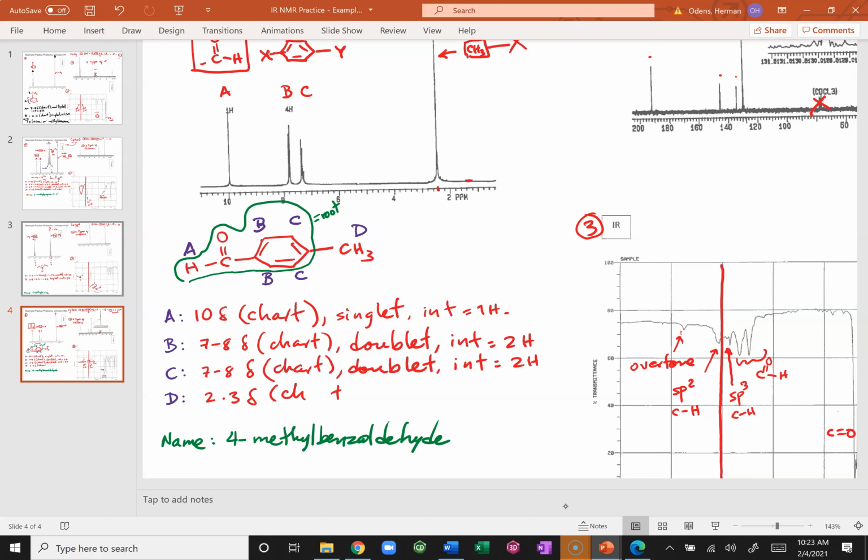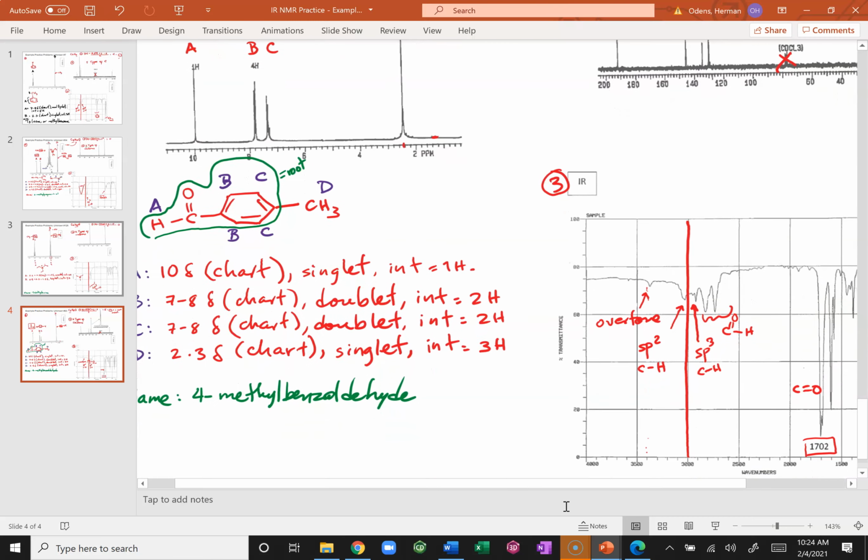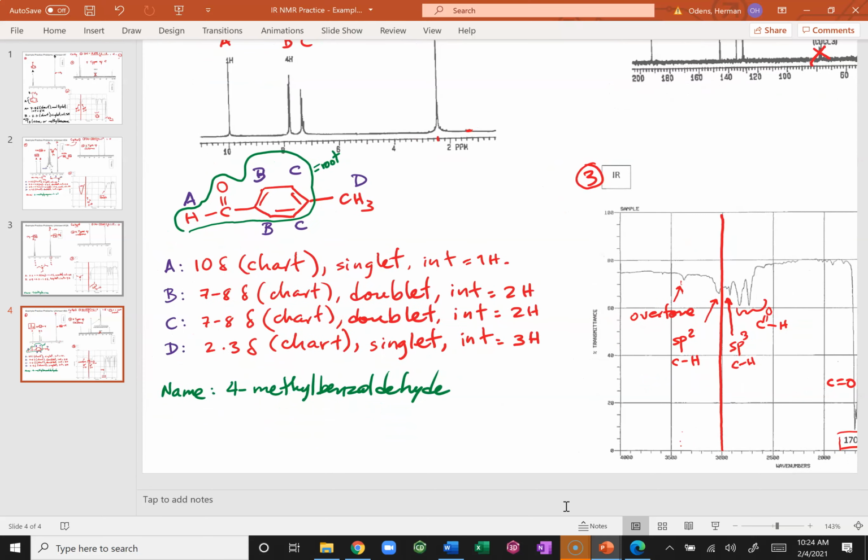You can't be perfect in chemistry, but you can be close. Close to perfection means nothing, right? My dad used to say, close, almost is nothing. 2.3 ppm, singlet, integrates for 3 hydrogens. Yes, checking that out. All right, we're good.